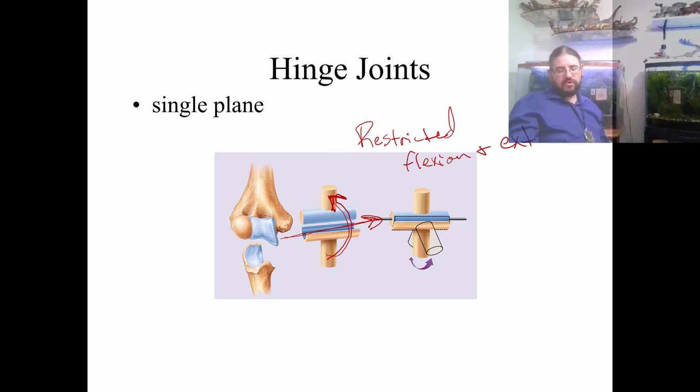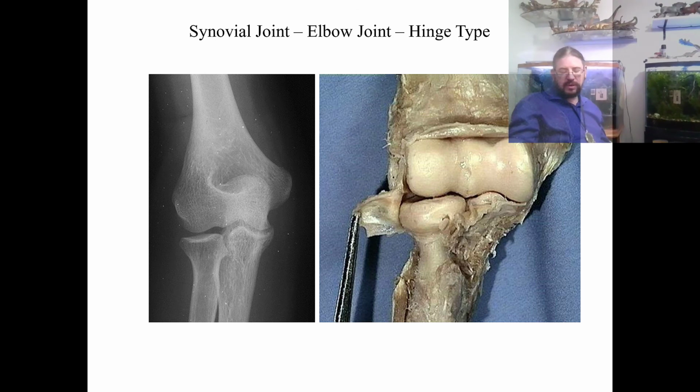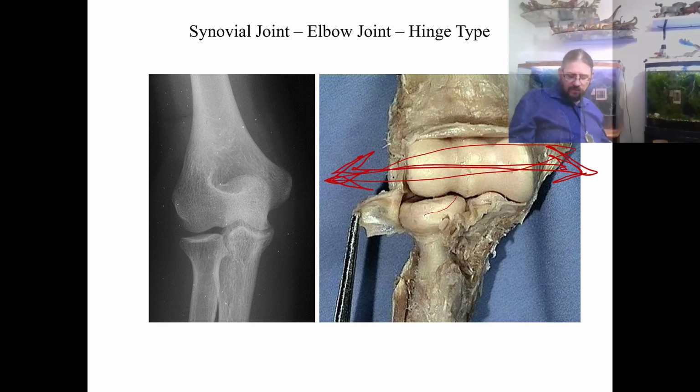So movement on a single plane, flexion and extension only. So again, elbow's a hinge. And then you can see that single plane there, and it can move along that single plane like a door hinge.